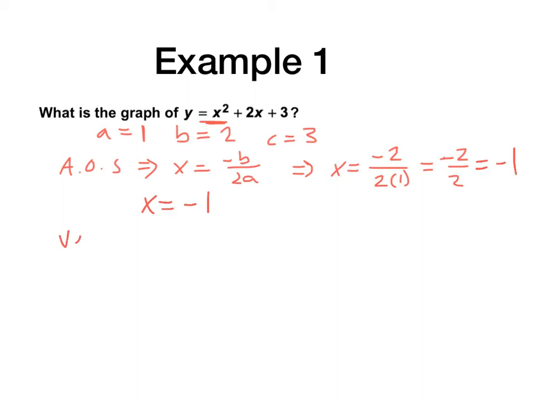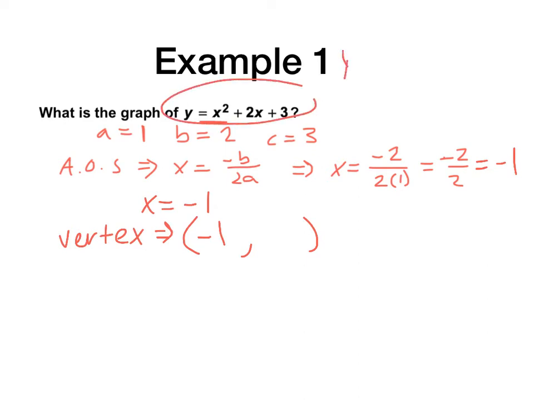Next, we need to find our vertex. What's our first number in our vertex? The x. Negative 1. It's the same thing as our axis of symmetry. And then what's our second number going to be? What do we need to do to find that? Plug it in. So we plug in negative 1 into our equation up here.